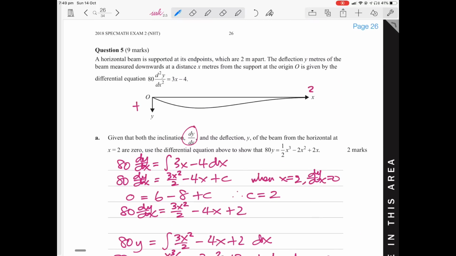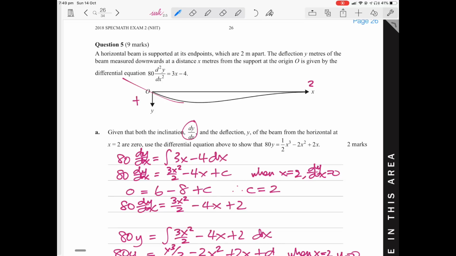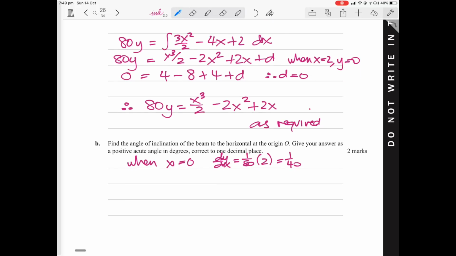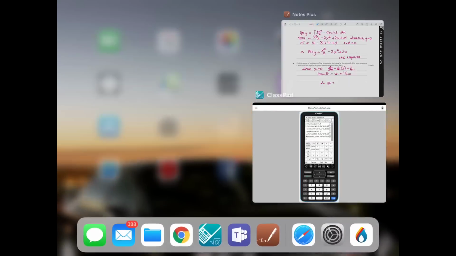Of course, that's giving it as positive because the function itself is like positive displacement, so it's sort of thinking the other way. Okay, so here we know tan theta is equal to m, which is equal to 1 on 40. So therefore, theta is equal to tan inverse 1 on 40.